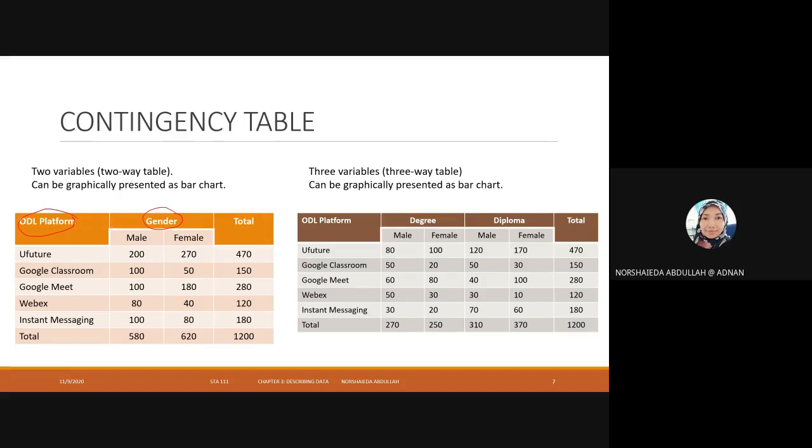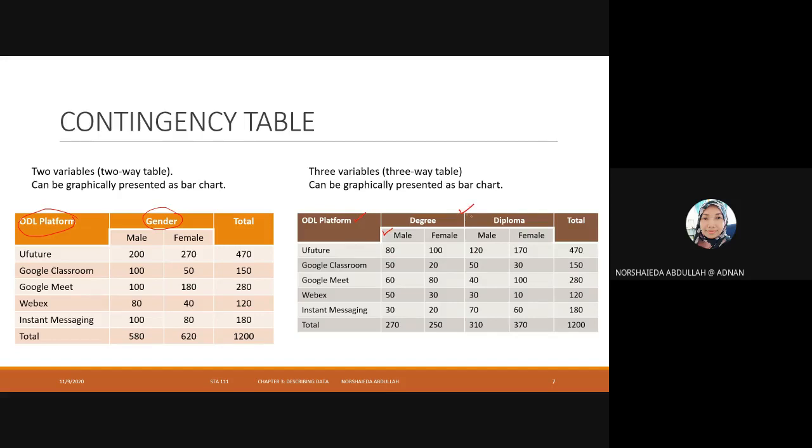Okay, and we can also classify the data into three variables and present it as a contingency table. So tadi, from the ODL platform, the first variable, we have the ODL platform, and then gender, male and female. Then we classify lagi the attribute, or the sub-variable.